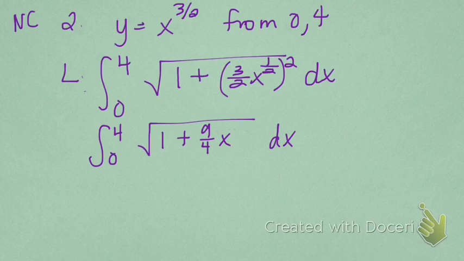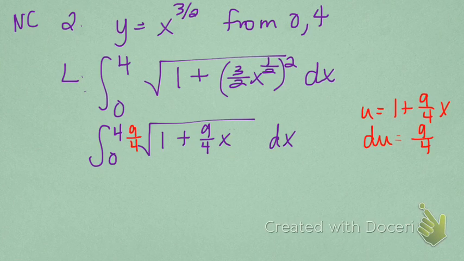To solve that, you're going to have to use u substitution. I'm going to let u equal 1 plus 9 over 4x. So du is 9/4. That means I need a 9/4 in and a 4/9 out. That gives me 4/9 integral from 0 to 4 of the square root of u.